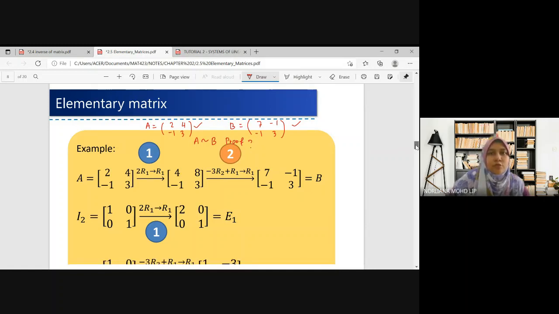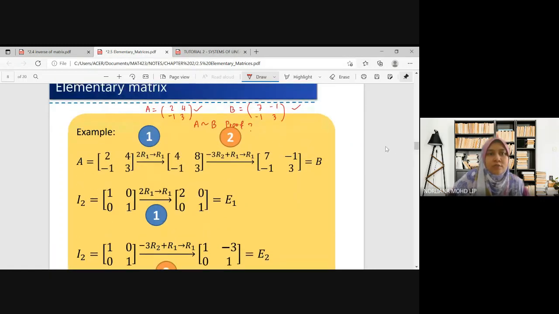So we have to transform matrix A into matrix B. You transform it. So matrix A is 2, 4, -1, 3. How do we make it into 7, -1, -1, 3? So the first step, you have to think about how to do it. Here we use the first operation, 2 row 1 transforms into row 1.